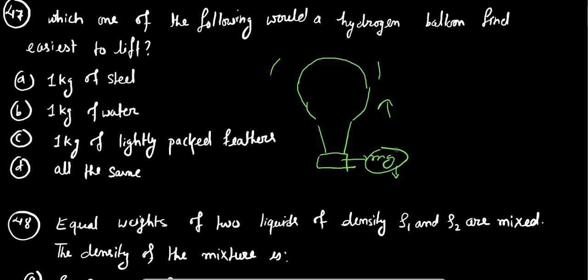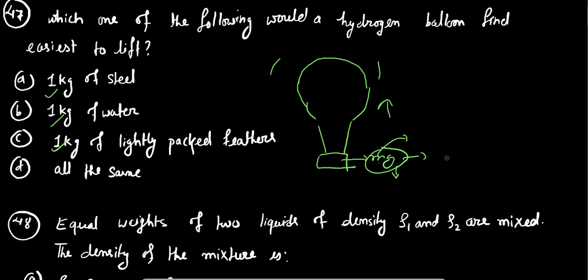Okay, so weight depends on the product of mass and gravity, and here in all cases the masses are the same, 1 kg, 1 kg, 1 kg, which means that the weight of all the objects will be the same.